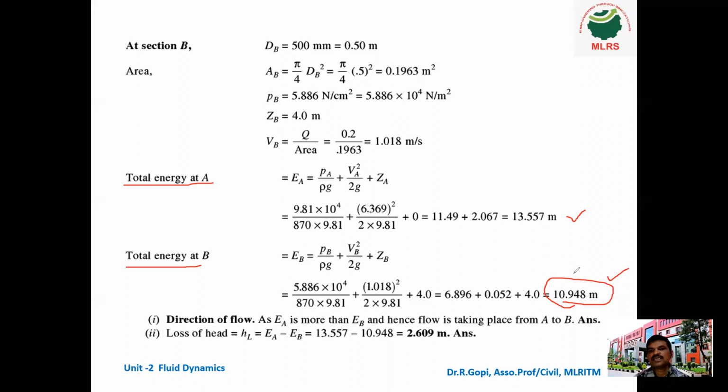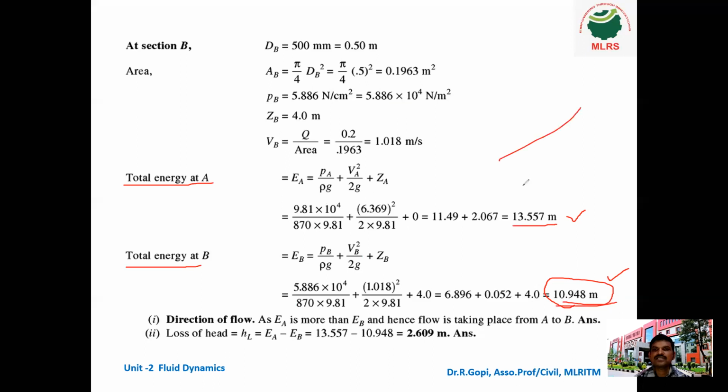Now tell me what is the reason? Here A point is at a lower level, B point is at a higher level. So for that only the total head at A point is more, at B point is less.